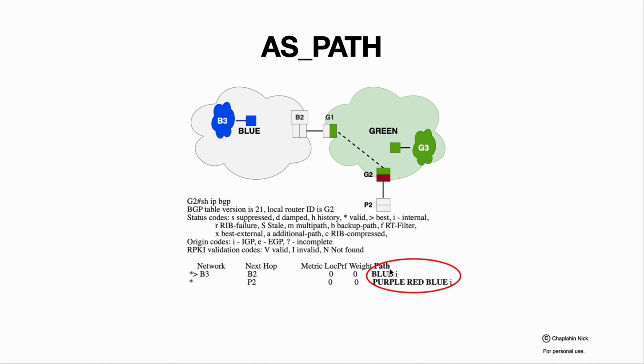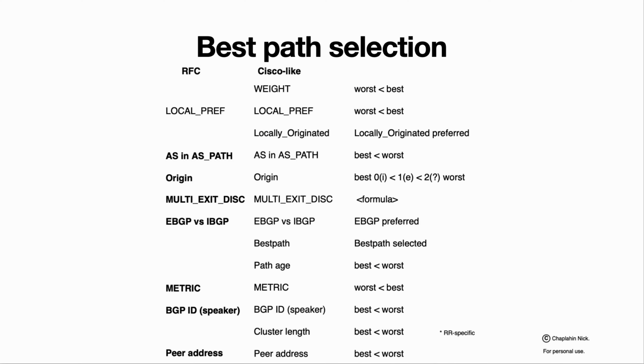In this particular example, we have two possible paths. One is just blue and we're at the destination. The second is through purple, red, blue, and so on. So the first one will be selected at this particular stage. Then, if we still have multiple paths with the same, smallest amount of autonomous systems on those paths, we check them with the origin.